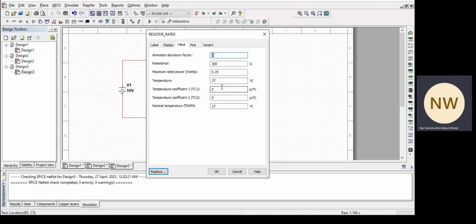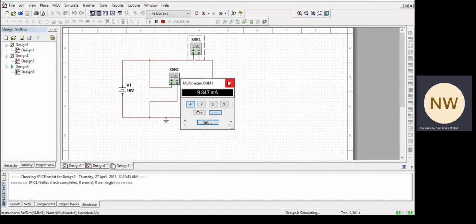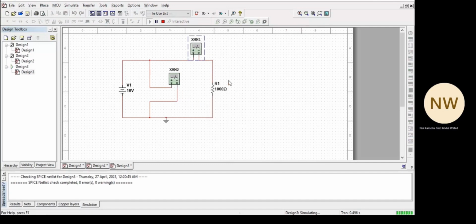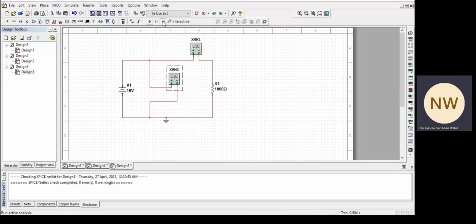And the last one is 1000 ohms. We run the circuit. We're gonna get the answer is 9.847 milliampere and the volt is 10 volt. So that's all from me.